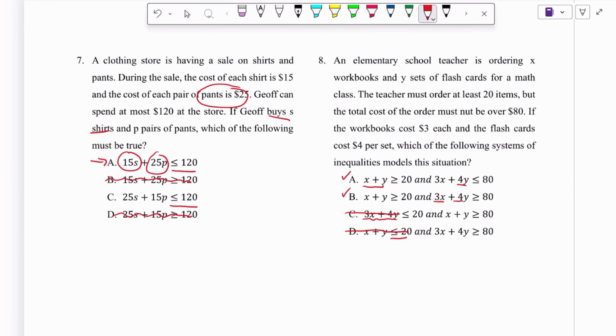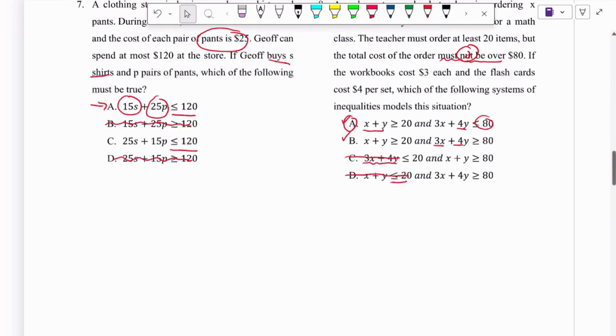Now, if you remember, it says the order must not be over $80, so it has to be under $80. This word "not" really should be highlighted. So answer choice A, 3x plus 4y is less than or equal to 80, because I can't spend more than that. Clearly answer choice A, and I cannot hone in on that word "not" enough.